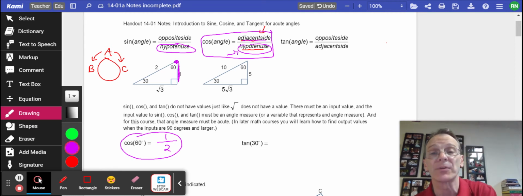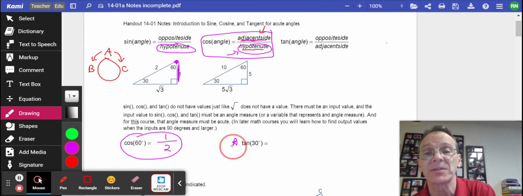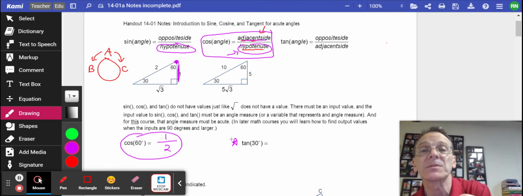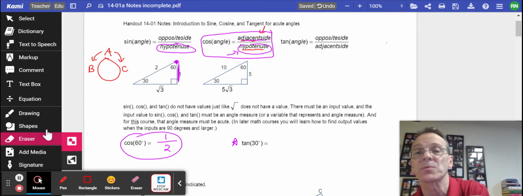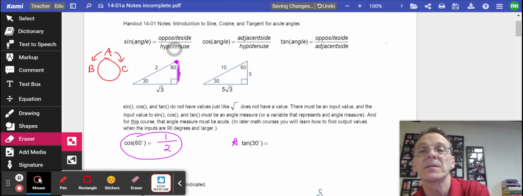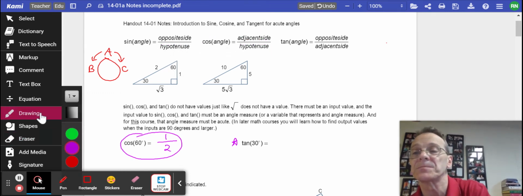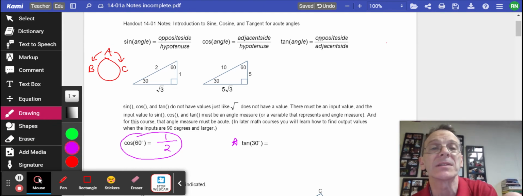Tangent of 30 degrees is the next thing that we're being asked here. Tangent, where's that definition? Tangent is over here. It's the opposite side divided by the adjacent side. Tangent of the angle, in this case, the tangent of 30 degrees.